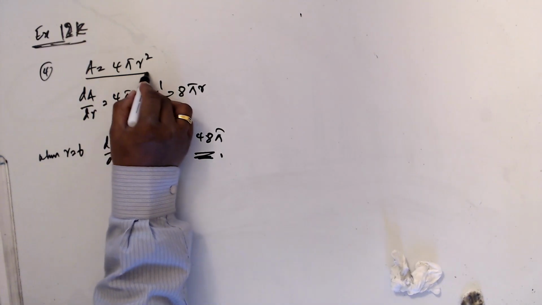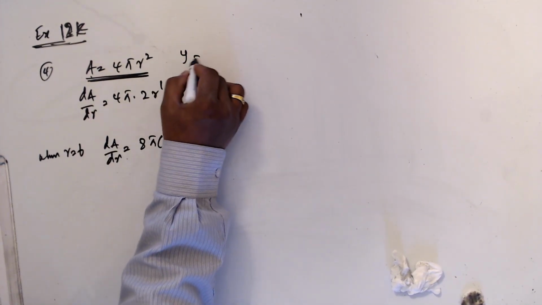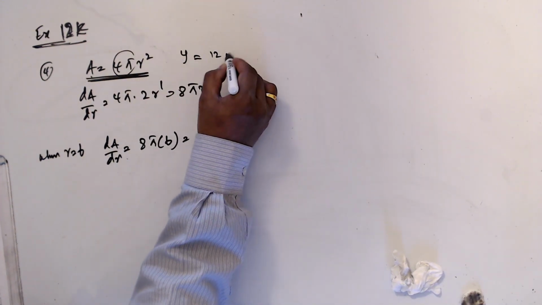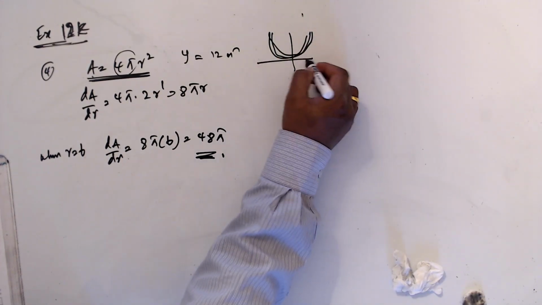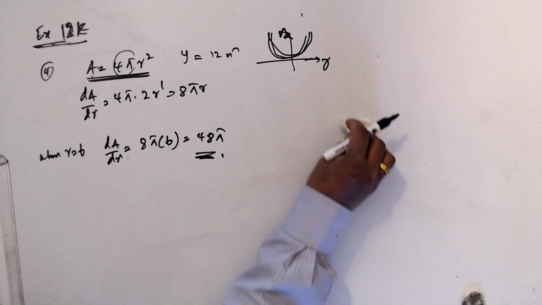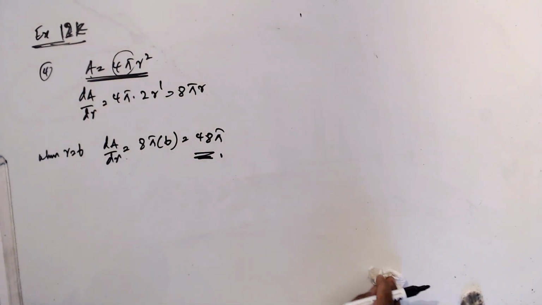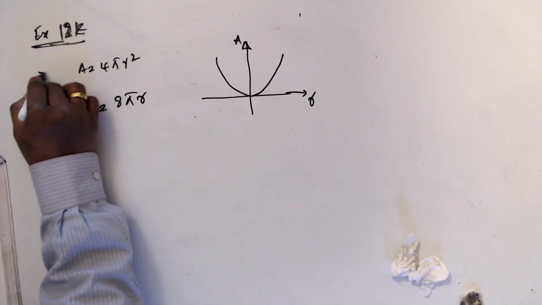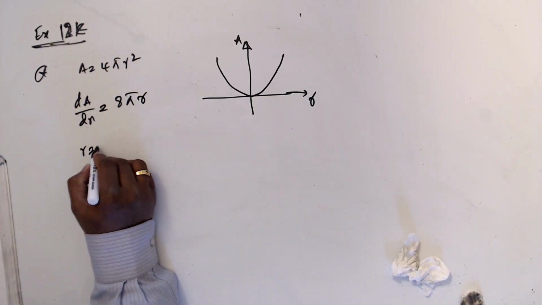What does this curve look like? If this is y, they are all constants, right? Let's say 12, this is x square. So it is this kind of curve. So this is r and this is A. This is the equation of the curve in number 4, and this is dA over dr. Then they need r equals 6.